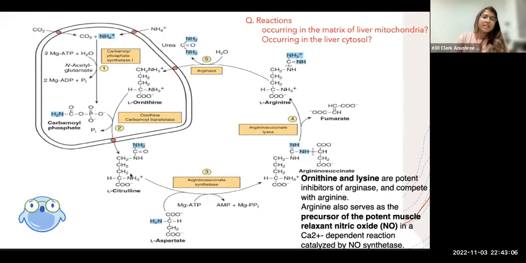Okay. Next, coming to the third step. Now the citrulline and the aspartate. I told you at the very beginning that we need 2 nitrogens for the urea to form. 1 nitrogen is from the ammonia itself. The second nitrogen is from aspartate. See these blue highlighted portions.